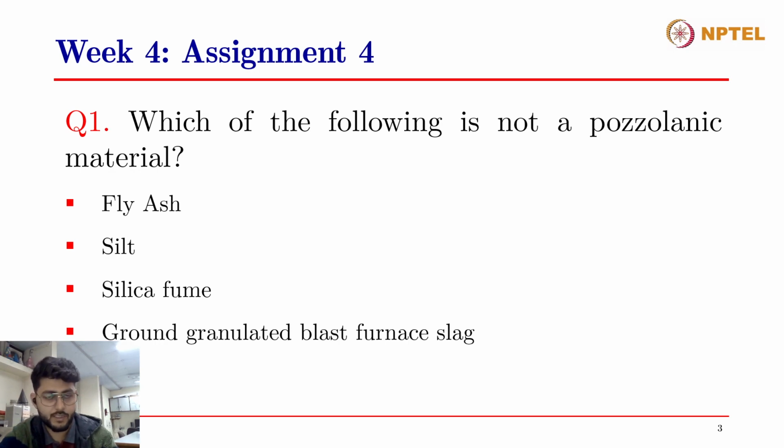So the first question of this assignment was, which of the following is not a pozzolanic material? Fly ash, silt, silica fume, ground granulated blast furnace slag, or GGBFS. Which of these four options is not a pozzolanic material? Can somebody answer this question? Please raise your hands to answer so that I'll allow your microphones.